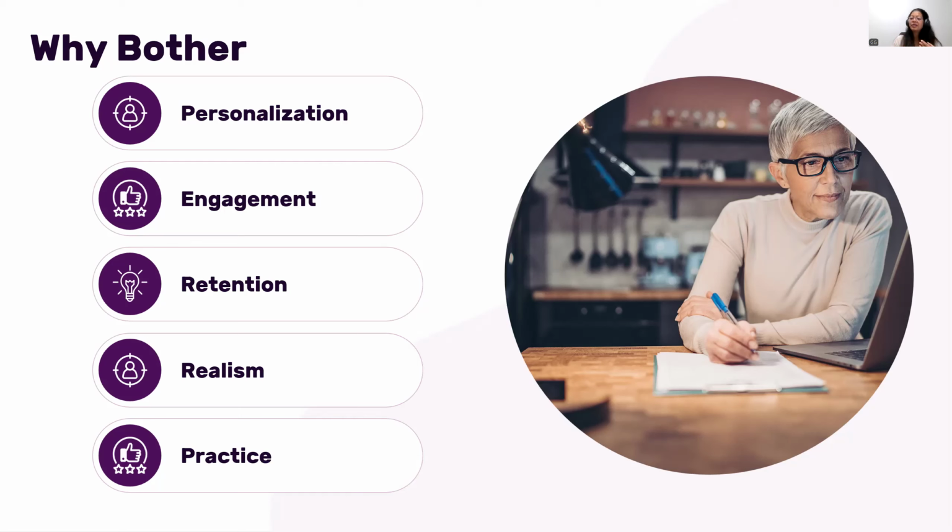Because you're making workplace challenges, you're making learning relevant to what they might see in the real world. And of course, it lets learners practice and experiment in a risk-free environment, right? I can see if I take this path, where does this lead to without actually having to take that path down in real life. So, a number of different use cases, values, reasons why you should be considering branching if you're not doing branching right now.